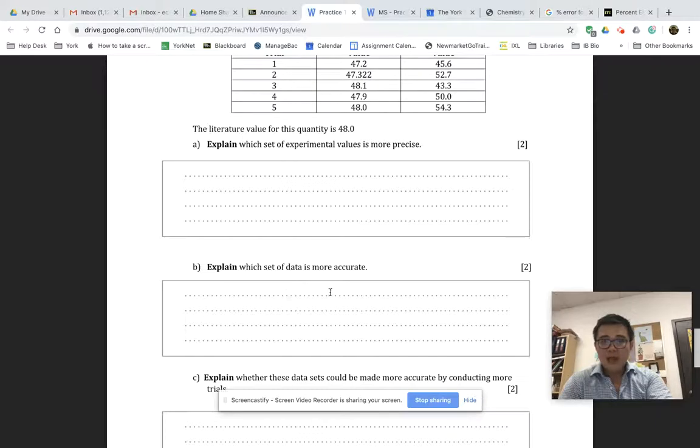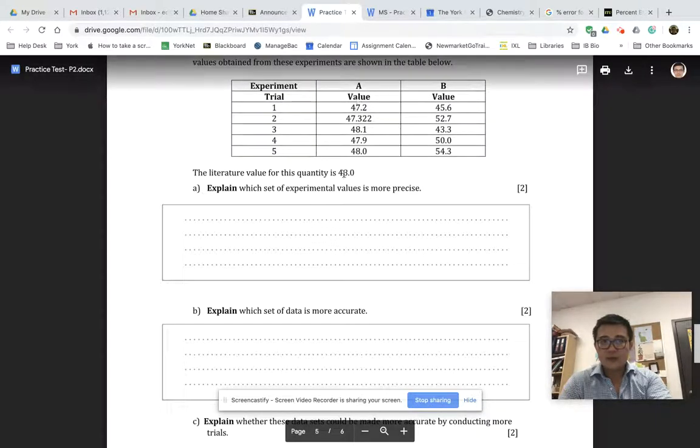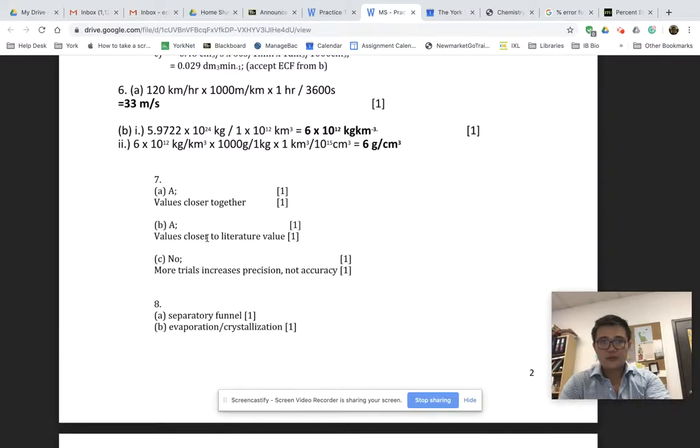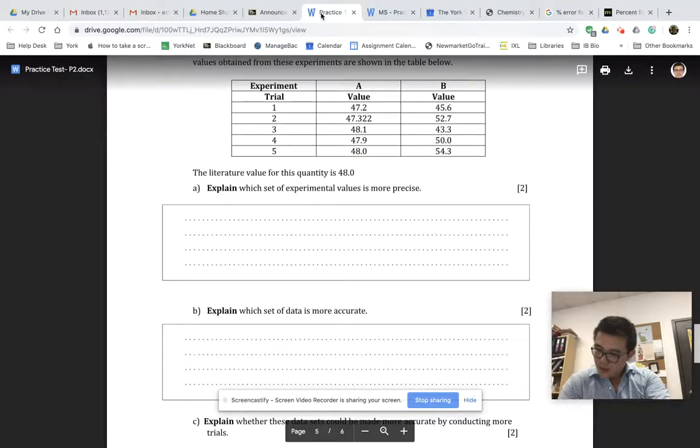Which one is more accurate? Let's look at that. Your accepted value, or the literature value, is 48. These are really close to 48. This is all over the place, and none of them ever hit 48. So A would also be more accurate, since it's closer to it.